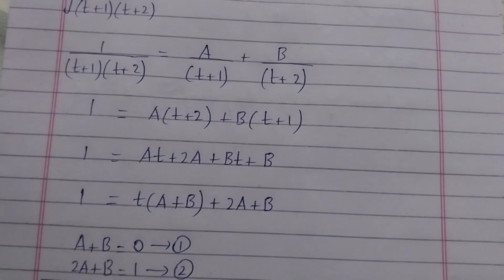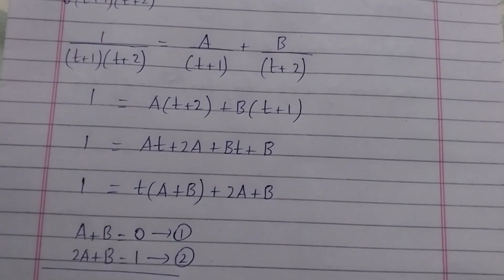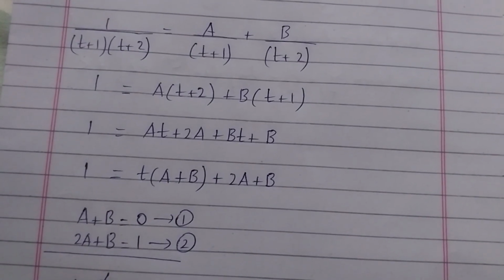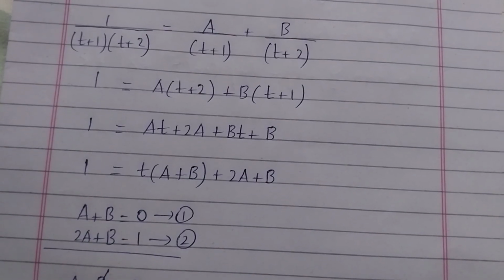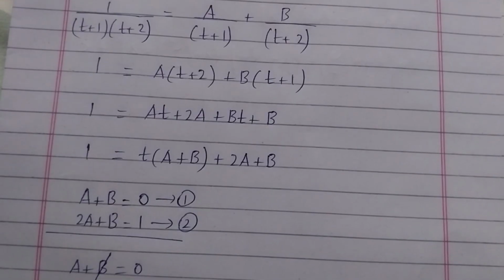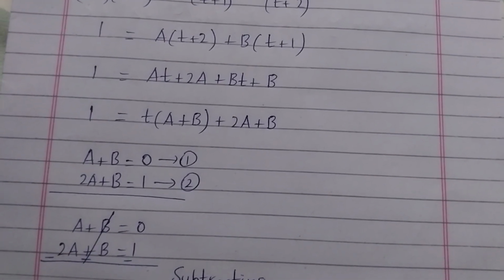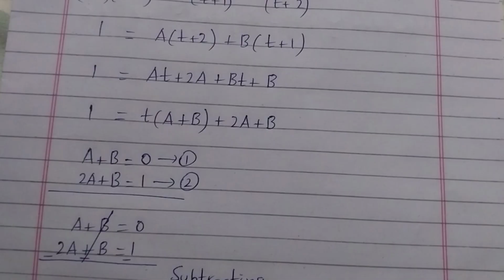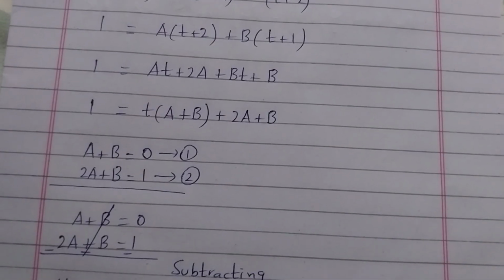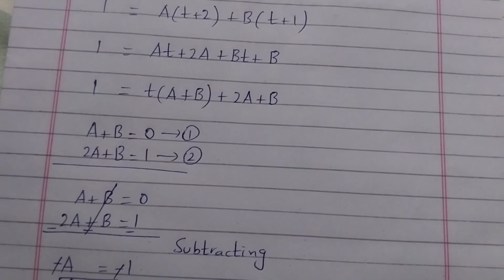When we multiply a with this factor and b with this factor, we are left with 1 is equal to at plus 2a plus bt plus b. When we take t common, we have a plus b, and 2a plus b as the constant. We are interested in the values of a and b, and for finding those values we need some equations, which we get by comparing the coefficients of the variables on both sides.